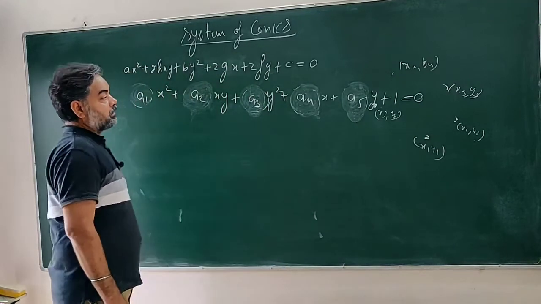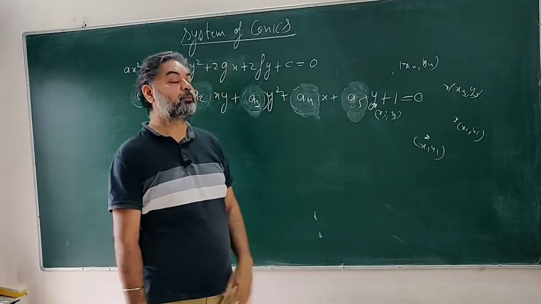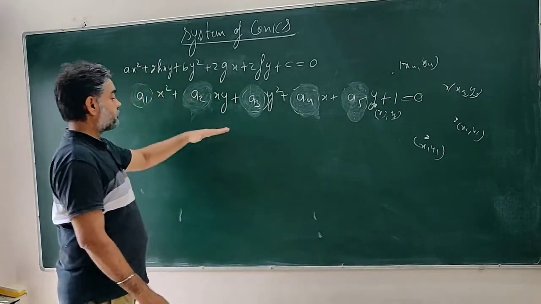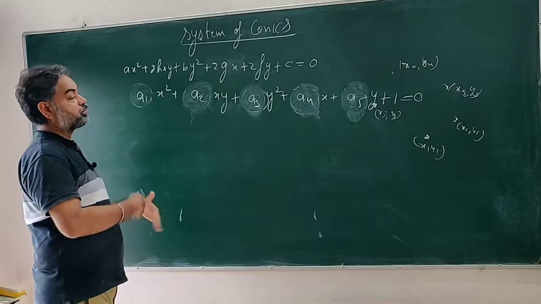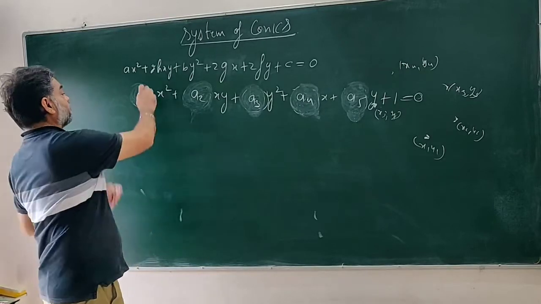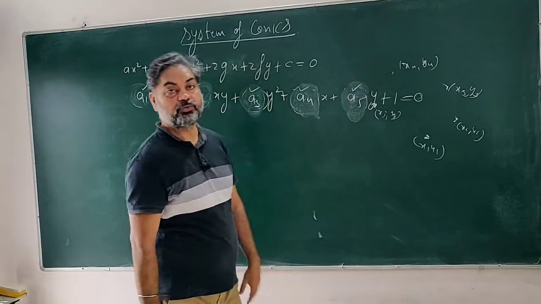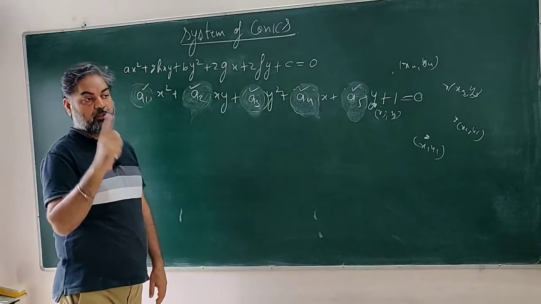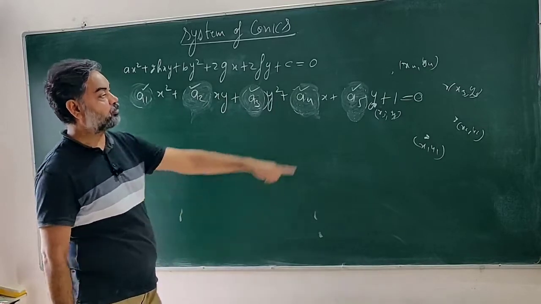And if no 3 points of these 5 points are collinear, then solving those 5 equations you can find the values of A1 to A5, and that will give you the unique conic passing through those 5 points.